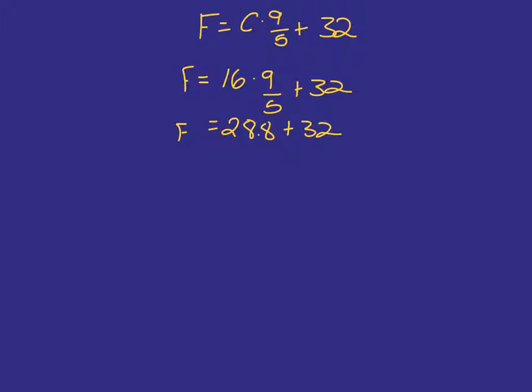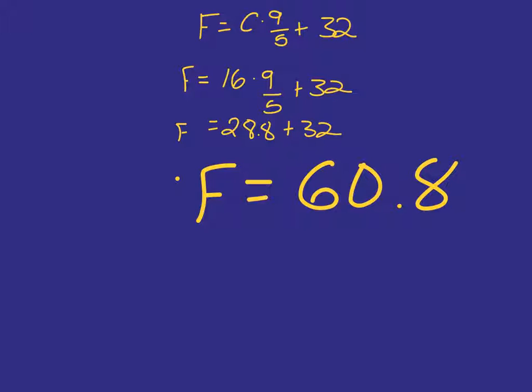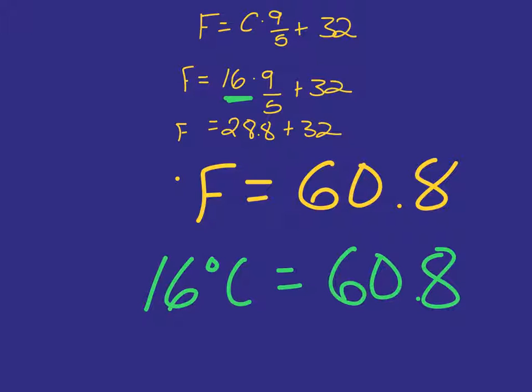Our last step then is just to add 28.8 plus 32, and that would give us a final answer of 60.8. Okay, so 16 degrees Celsius is equal to 60.8 degrees Fahrenheit, right? All right, I hope that made sense.